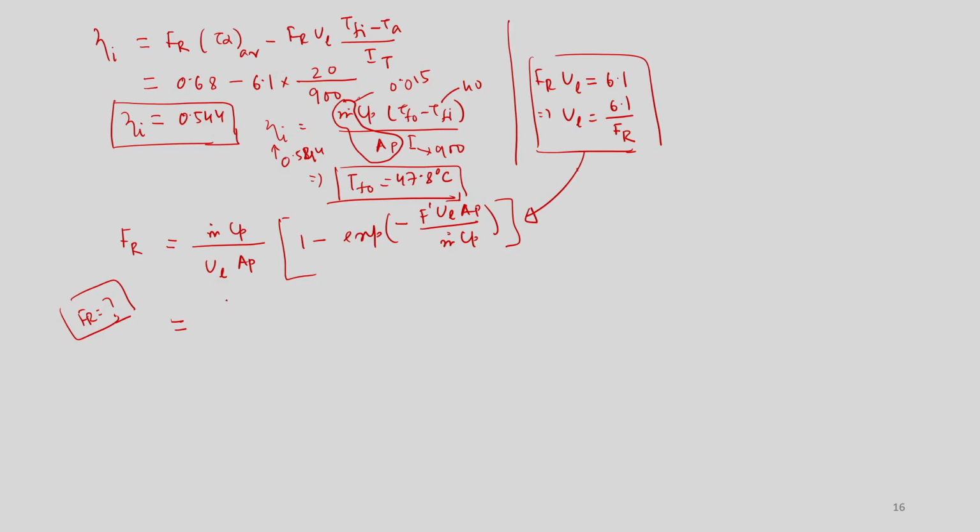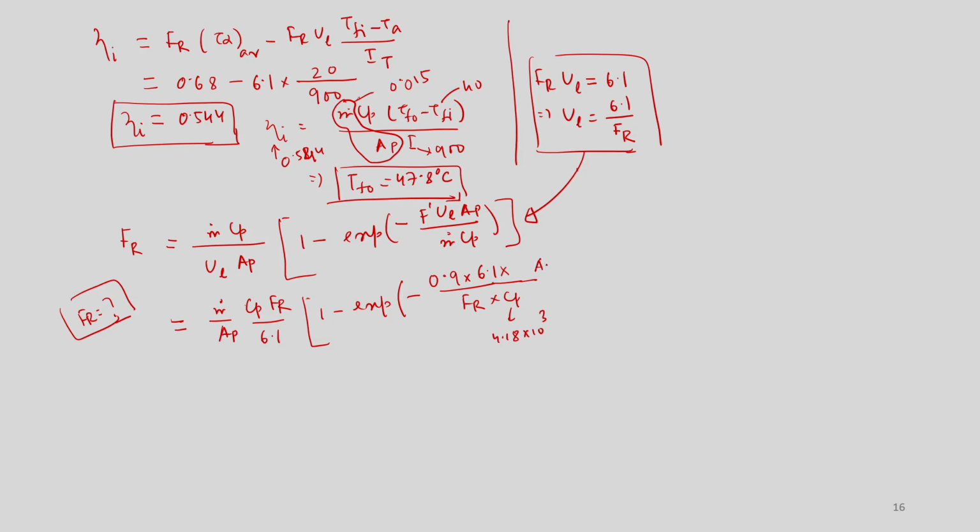Then what will happen? M dot by AP is known to us, then UL will be 6.1 divided by FR. So, this Cp will be there, FR will be here, and then we have 6.1. Similarly this expression also changes: minus F, which is known to us, it is 0.9, and UL is nothing but 6.1 divided by FR. And the Cp value is known. Cp is nothing but 4.18 into 10 to the power of 3, multiplied by m, so m into Cp is also known to us.